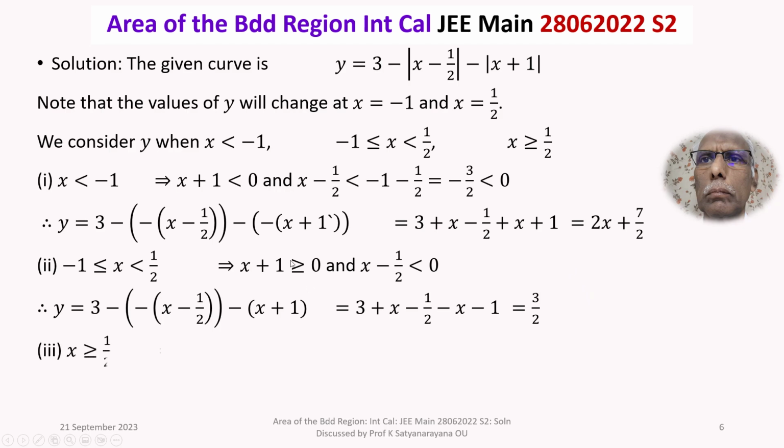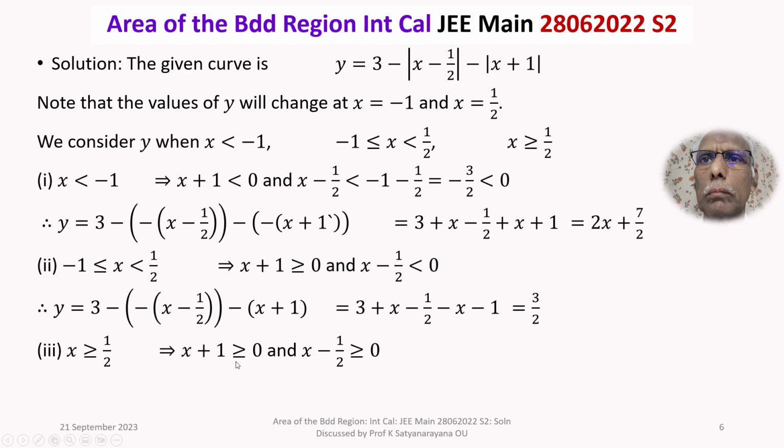Now the third part, when x is greater than or equal to 1 by 2. So x greater than or equal to 1 by 2 means x plus 1 will be greater than or equal to 1 by 2 plus 1, that is 3 by 2, which is greater than or equal to 0. Therefore x plus 1 is greater than or equal to 0. And x greater than or equal to 1 by 2 implies x minus 1 by 2 is greater than or equal to 0.